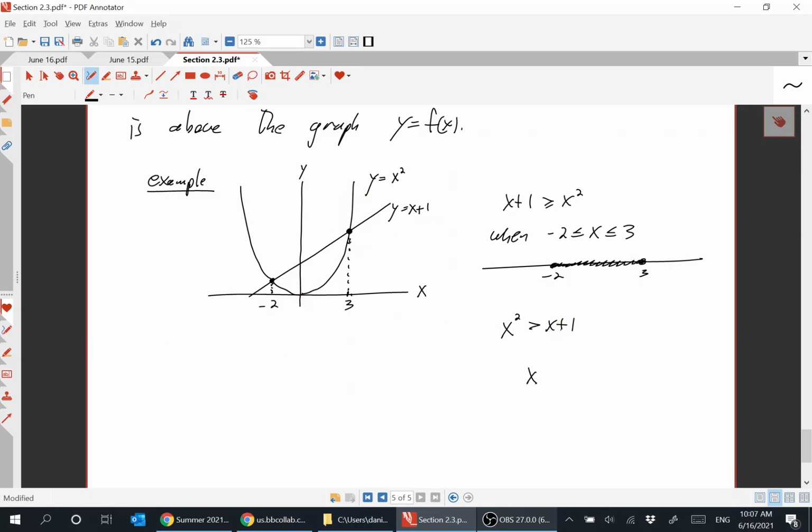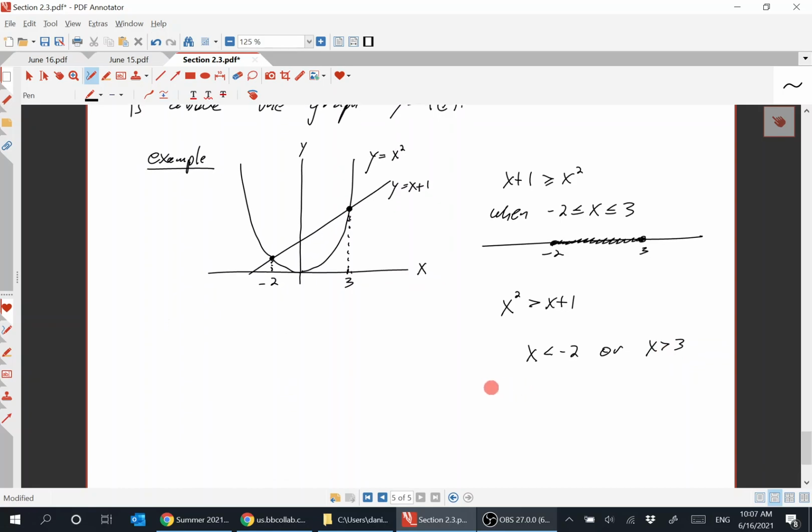So x squared exceeds x plus 1 when x is strictly less than -2 or x is strictly bigger than 3. Right, so on the number line, looking like this. There's -2, there's 3, and these two intervals here.